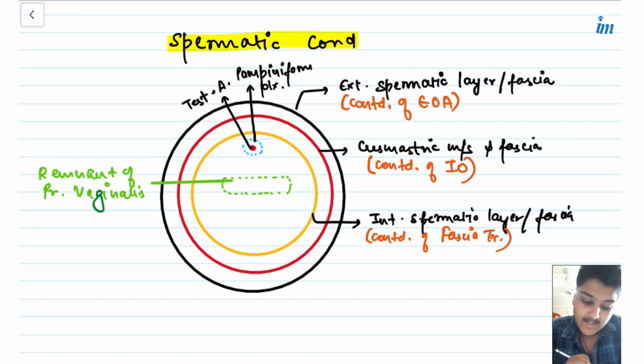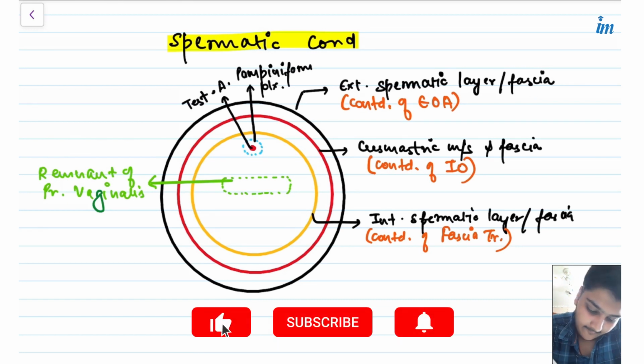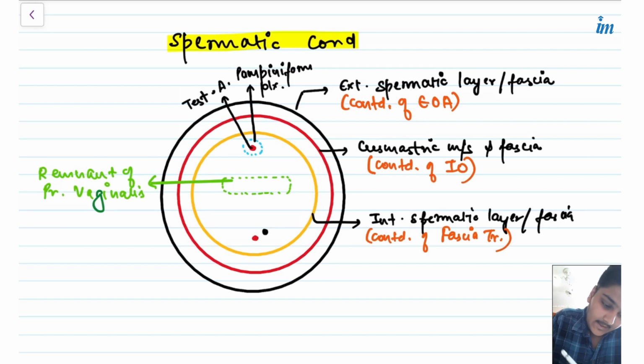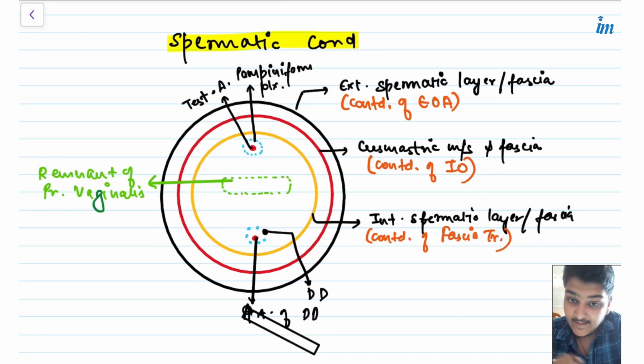Now we have ductus deferens, we have artery to ductus deferens and some veins around it. This is your ductus deferens, we have artery to ductus deferens and some veins around it.